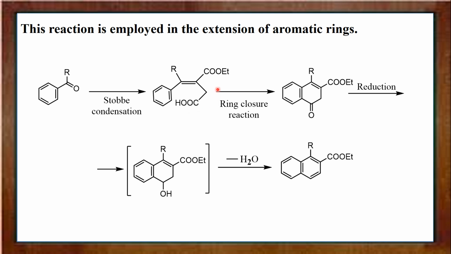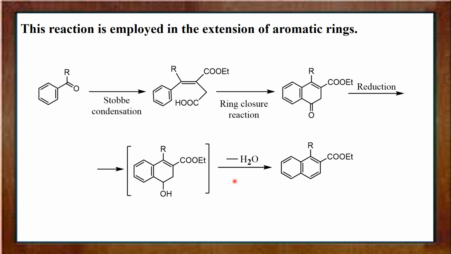Now we can add a Lewis acid. In the presence of Lewis acid, the acid chloride part will react with the aromatic ring, and that reaction we call Friedel-Crafts acylation. So for Friedel-Crafts acylation, the carbonyl group is connected to the aromatic ring. Now, by adding sodium borohydride in alcohol, we can reduce this carbonyl to alcohol.